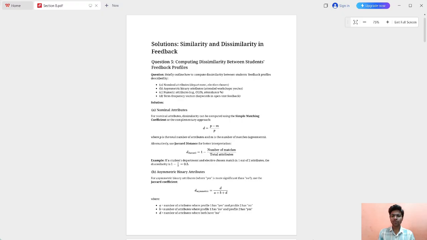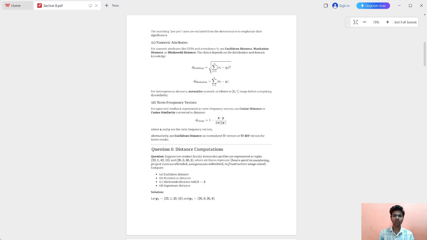D asymmetric equals d upon a plus b plus d, where a denotes the number of attributes where profile 1 has yes and profile 2 has no, b denotes the number of attributes where profile 1 has no and profile 2 has yes, and d the number of attributes where both have no. The matching yes-yes cases are included in the denominator to emphasize their significance.